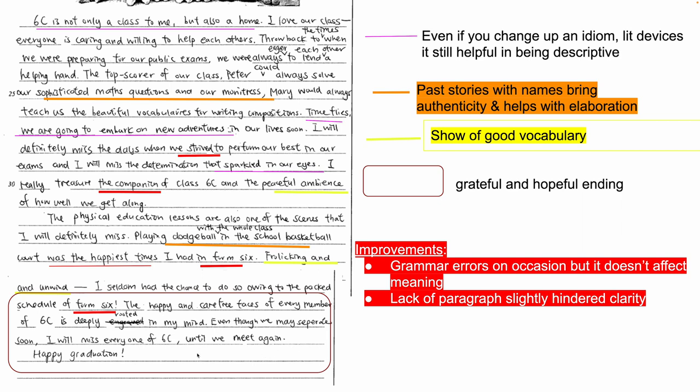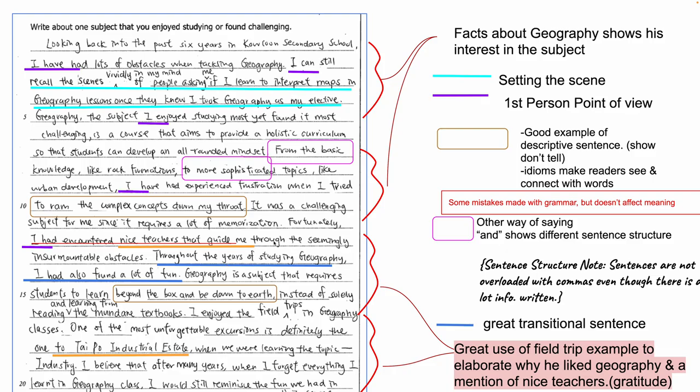Another little idiom here. This wasn't a perfect entry. There were grammar errors. So for example, "strived" should be "strove." I believe this person wanted to write, "I really treasure the companionship of Class 6C." So, different word form here. "Form 6" form should be capitalized. And if I were to go to the previous example here, "I had encountered nice teachers that guided me." So past perfect you have to pair it with past tense.